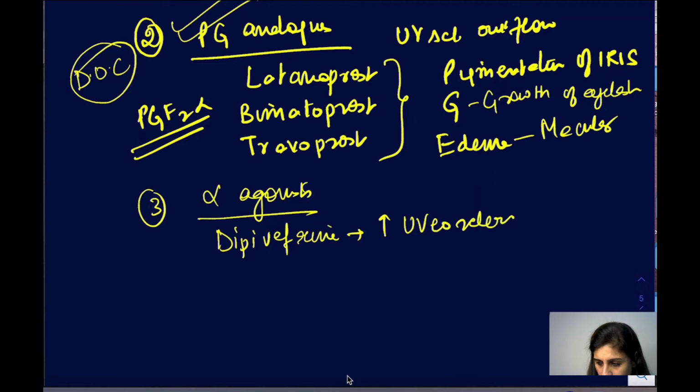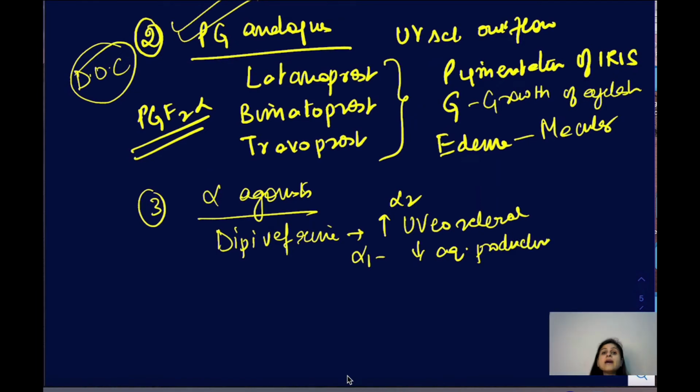Uveoscleral outflow increases because of alpha 2 receptors, and alpha 1 decreases the aqueous production. Dipivefrin is a prodrug of epinephrine and can better enter the cornea.